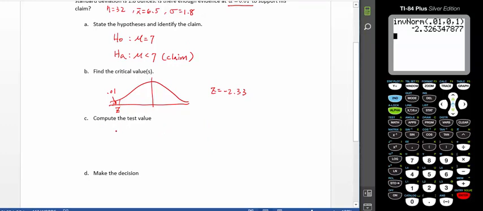So then let's calculate the z-score. It's x bar 6.5 minus the mean 7, divided by standard deviation over square root of 32. Okay, so let me do this here. Numerator is negative 0.5.